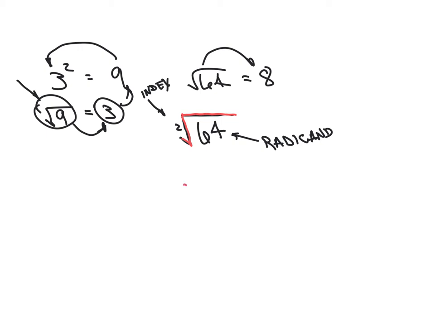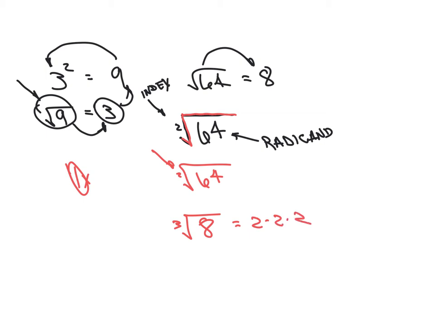Now, when we don't put an index in here, it's an assumed 2. Just like we don't write 1x because it's an assumed 1 there. So same is true here. It's an assumed 2. If we had something like a 3 there, it means what number times itself 3 times is going to give us our radicand, the number in there.